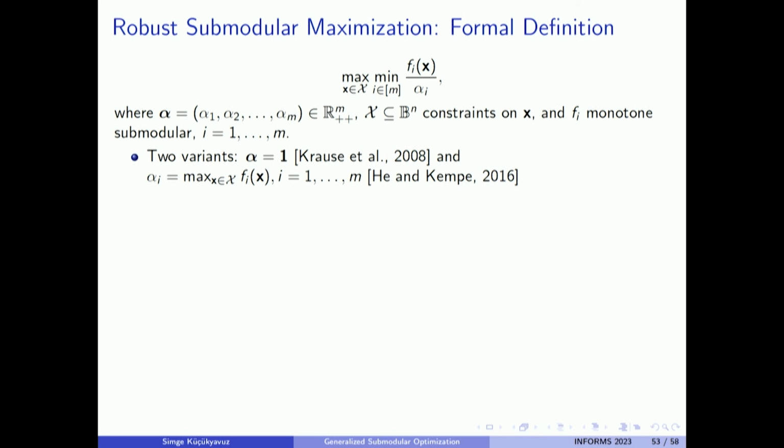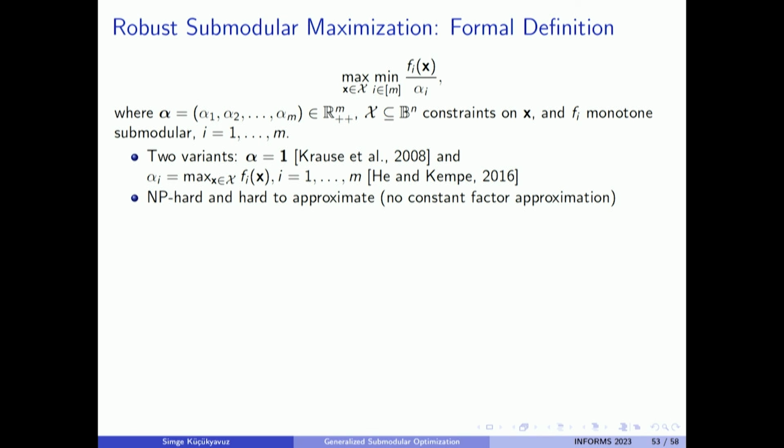For each scenario, we have this function of contamination and penalty reduction, divided by alpha I to capture multiple problems that have been looked at. So alpha equals 1, so no denominator has been studied in the literature, as well as alpha equals to max over x of f_i of x. What is the best you would have done if that was the scenario that you were looking at in terms of maximizing penalty reduction?